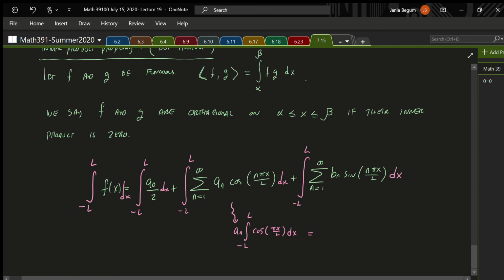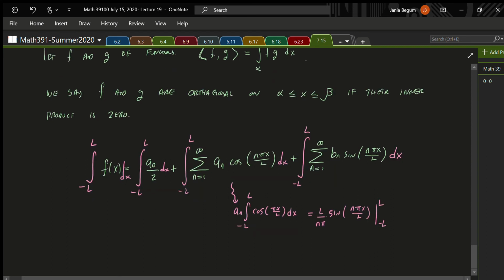You have sine of n pi x over L times L over n pi, that's a constant, taken from negative L to L. So plug in the limits: L over n pi times sine of n pi minus sine of negative n pi.